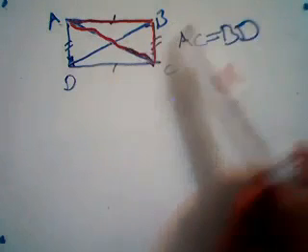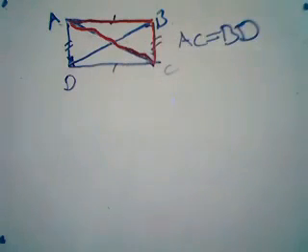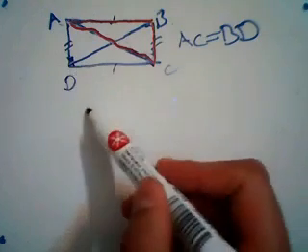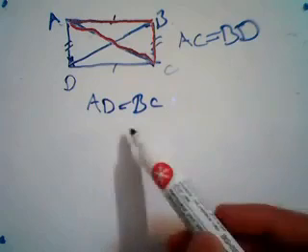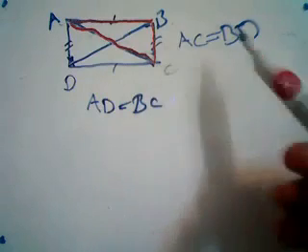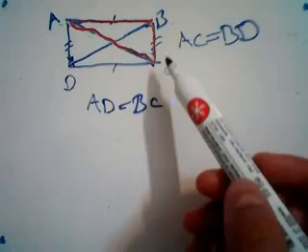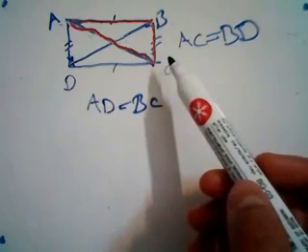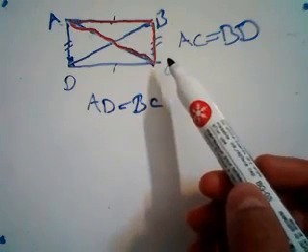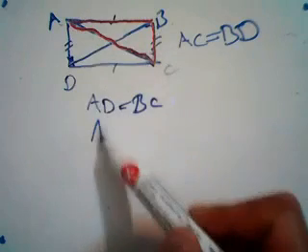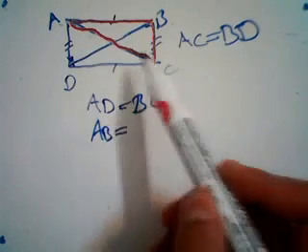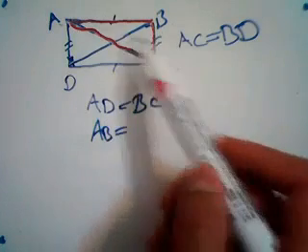Okay, now AD equals BC because it is a rectangle, and AB is common between the two triangles.